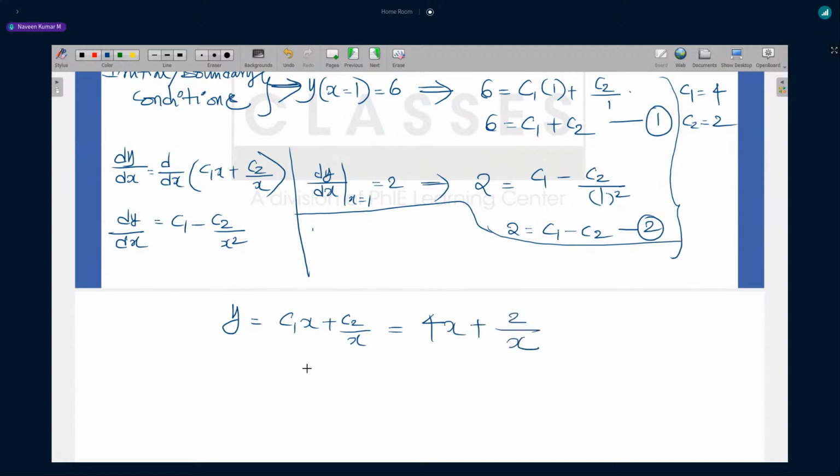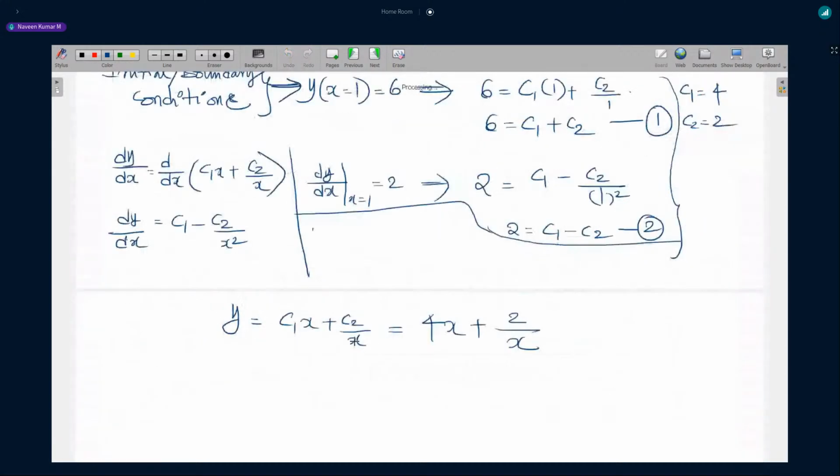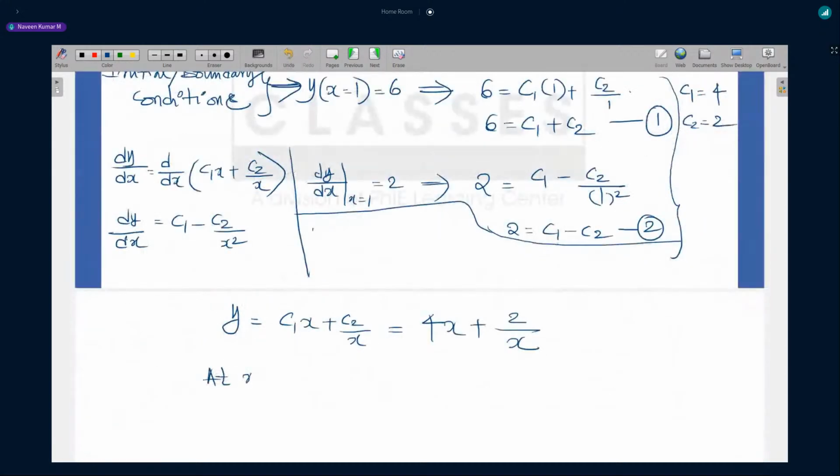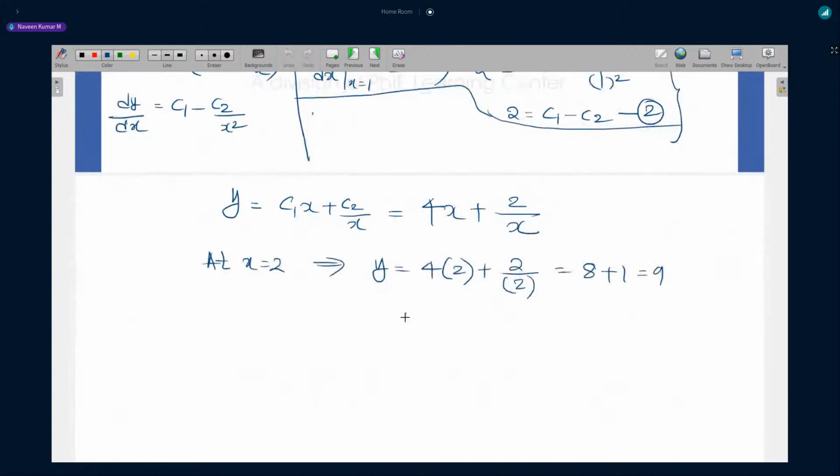But they are asking the value at x is equal to 2. So at x is equal to 2, y is equal to 4 into 2 plus 2 by 2, which is 8 plus 1, and that is 9. So the answer is y is equal to 9. This is the answer. That's it.